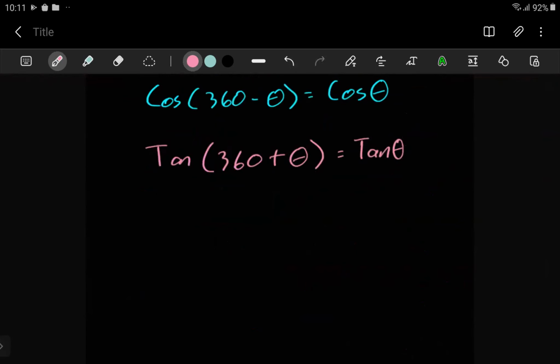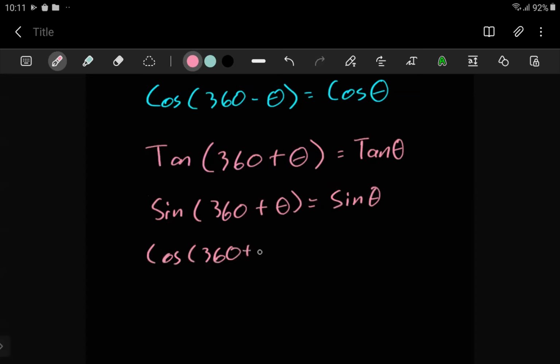And then, what about this? Positive. And then, positive. Great.